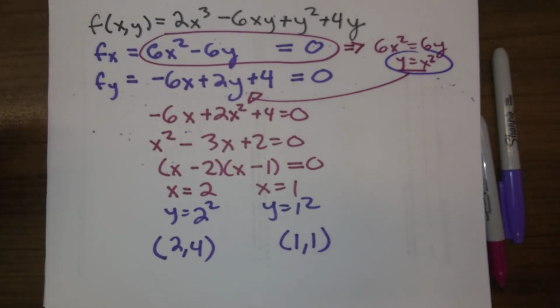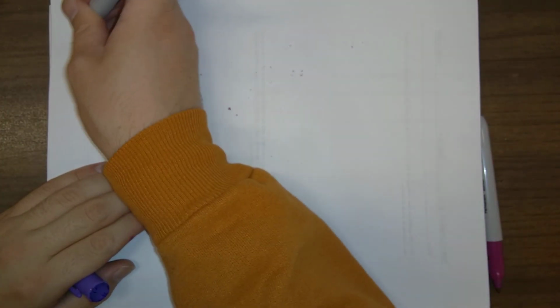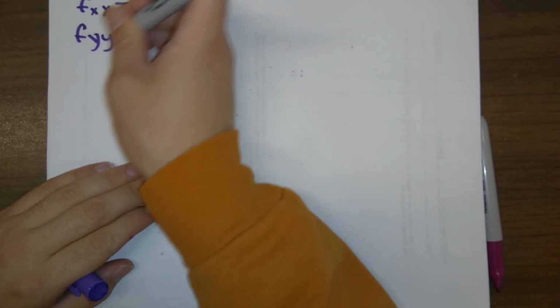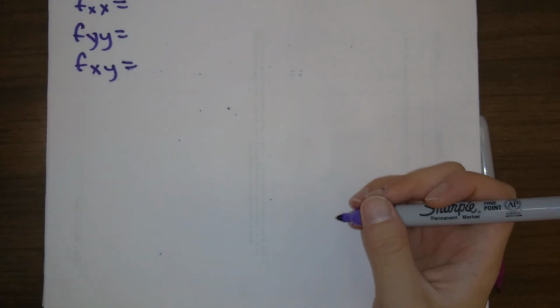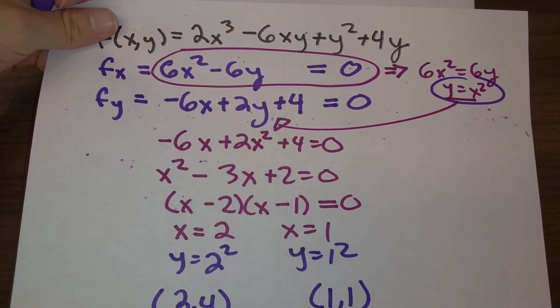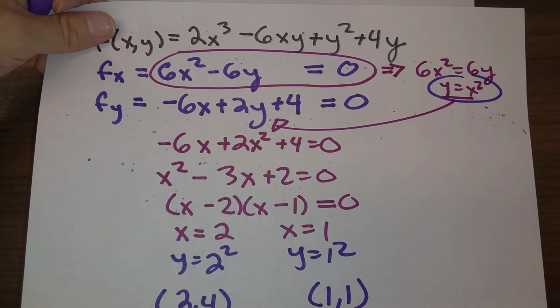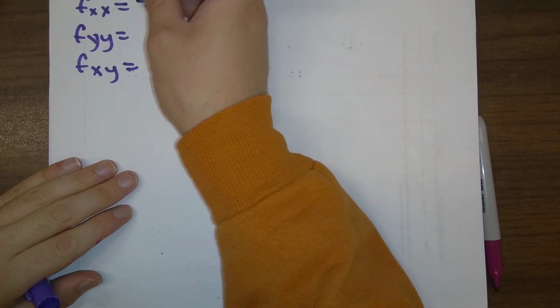To do this, we need to apply the second derivative test. We need fxx, fyy, and fxy. Here are the partial derivatives with respect to x and y, so I'm just going to write down the second order partial derivatives.